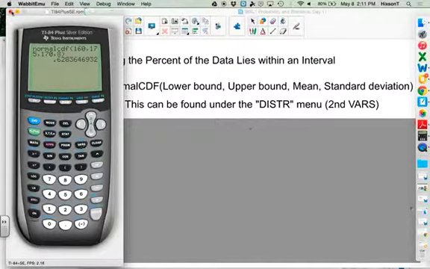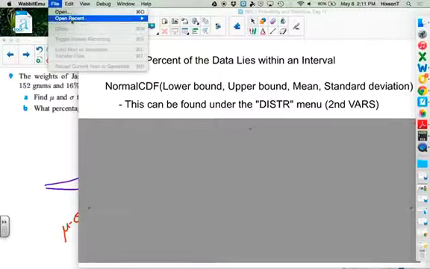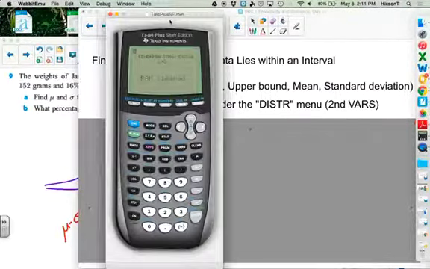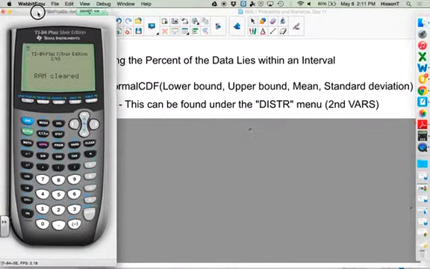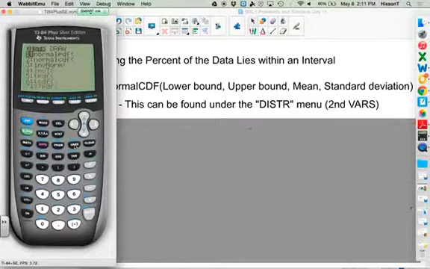Let's reopen that. So, I hit second distribution. Do not use normal PDF. That's used for graphing. If you wanted to actually graph the density function, you could. Normal CDF is the cumulative distribution function.